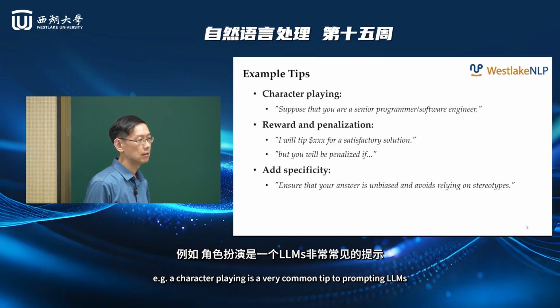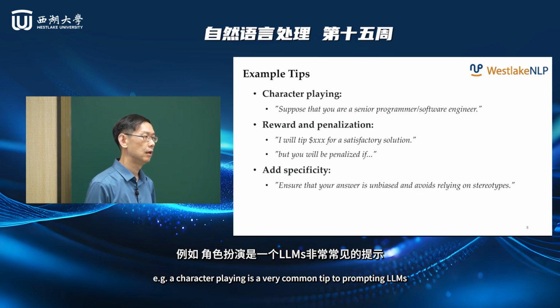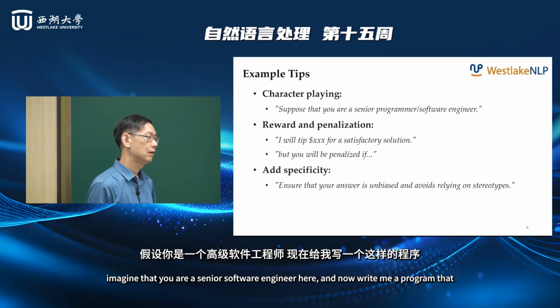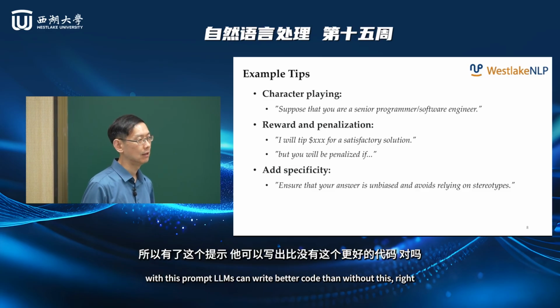Okay. So for example, character playing is a very common tip to prompting LLMs. So imagine that you are like a senior software engineer, and now write me a program like that. So with this prompt, LLMs can write better code than without these. All right?